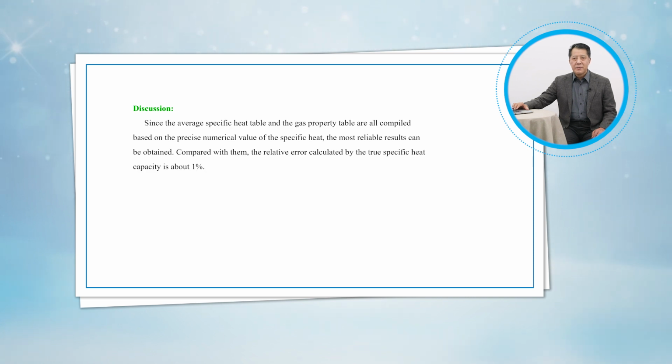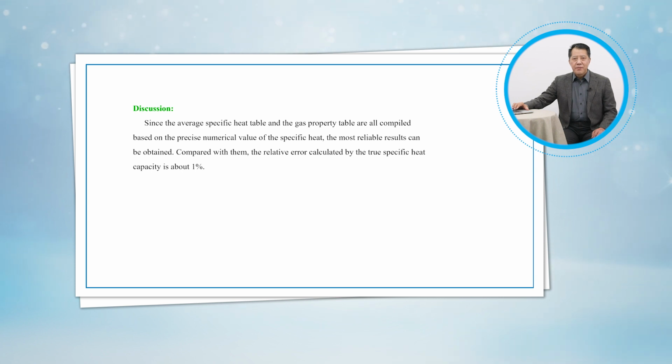Here are some comments on the calculations of entropy change for the ideal gas. Since the average specific heat table and the gas property table are all compiled based on the numerical integration of the true specific heat, the most reliable results can be obtained.